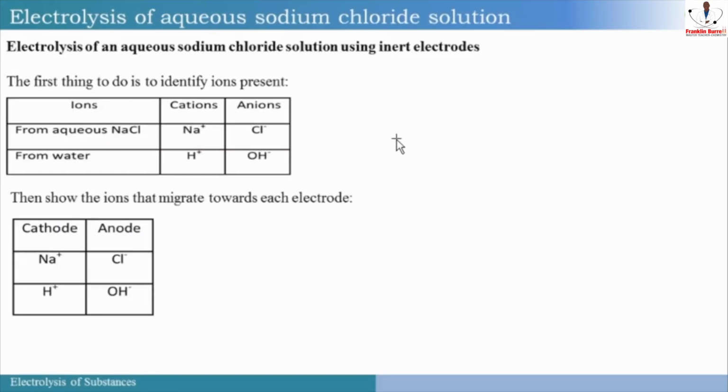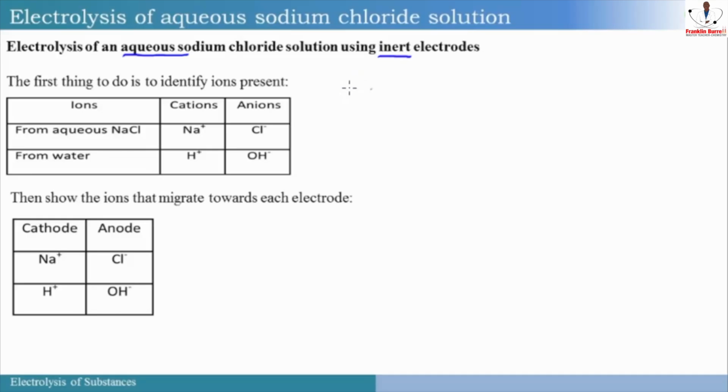This example now is looking at the electrolysis of aqueous sodium chloride using inert electrodes. So if you look, you will see that we are either dilute or aqueous, and our electrode is inert. Therefore, we must be looking at factor 1.